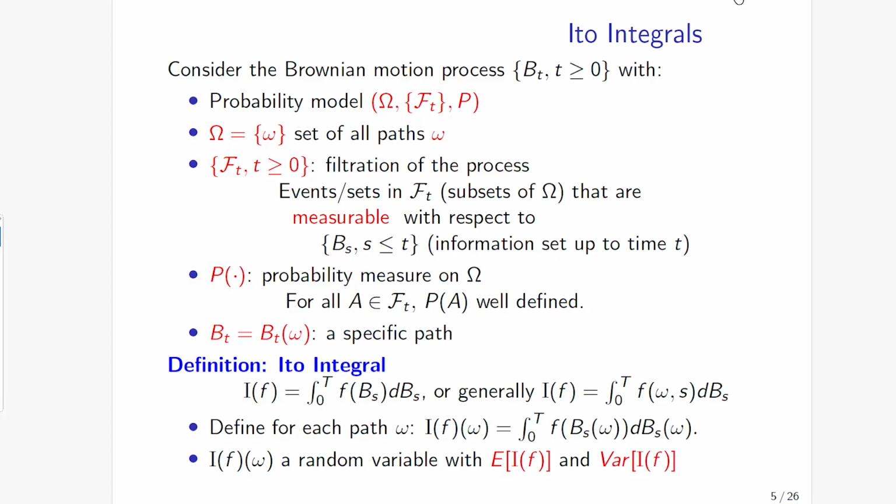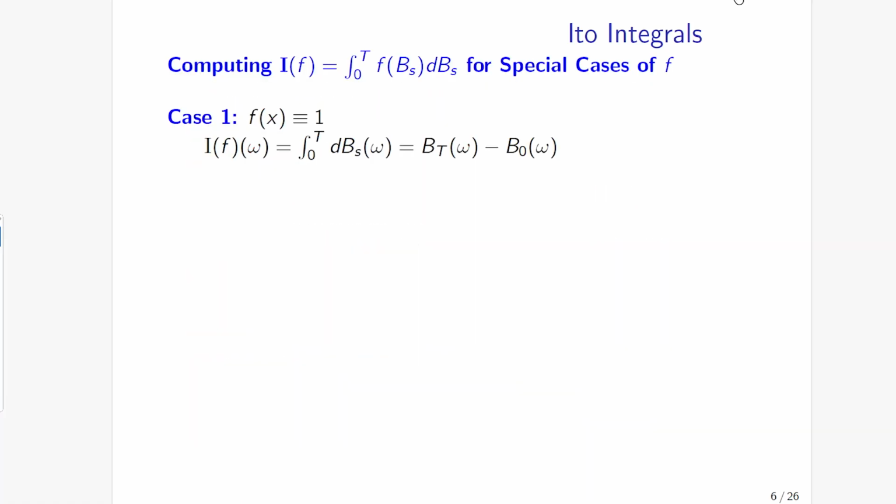But the paths indexed by omega are random, and so this Ito integral is actually going to be a random variable. And as a random variable, if it exists, it'll have an expectation and a variance.